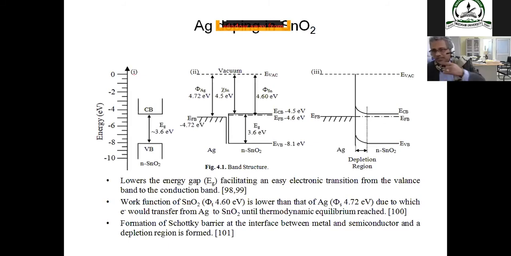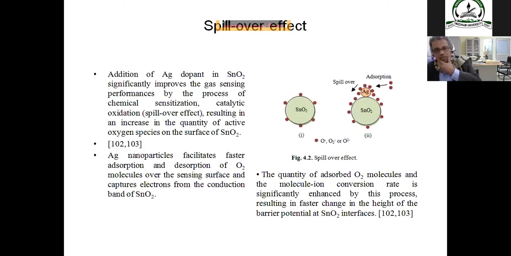I'm not going into it; you can read our paper, which is published in a Biosensor journal. If you dope with silver, we have seen the oxygen content increase. As I told you, O minus has to develop on the surface of the tin oxide. If you dope it with silver, whatever oxygen molecules are there, there are more than in simple tin oxide.